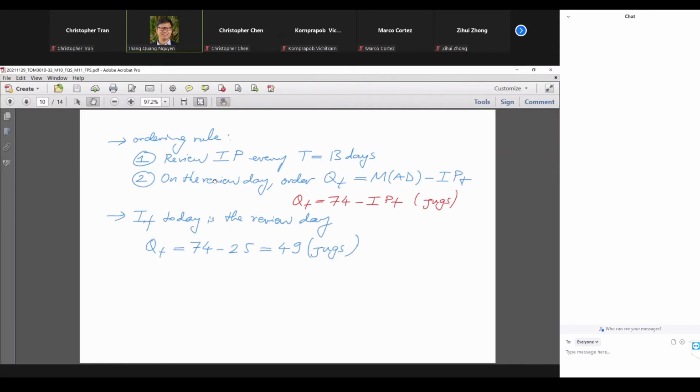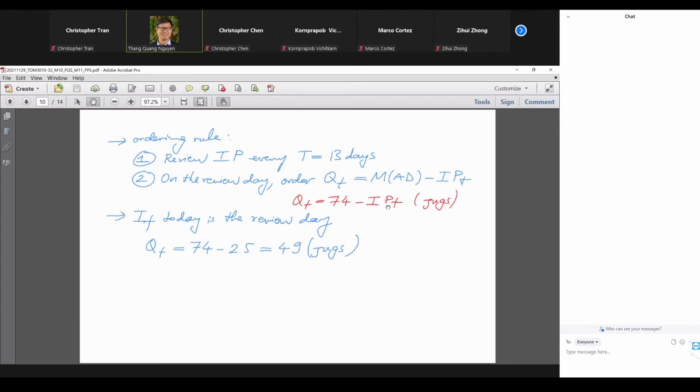So the ordering rule goes as follows: we need to review our inventory every 13 days. On the review day, we try to make up for the difference between the maximum level and what we have on that day. We take the maximum, subtract the inventory position on that day, and that gives us the deficiency.